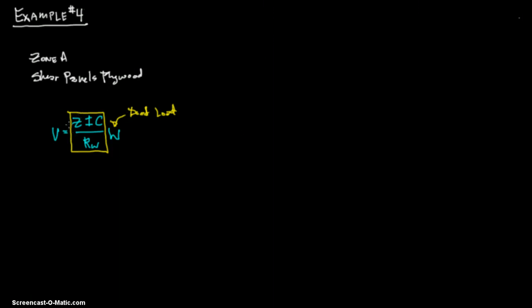Z you get from a table. I you'll also typically get from a table. That's the importance factor. C is what we used earlier. In this situation, since we don't know, if you remember from the last example, C equals 1.25 S over T to the 2/3.